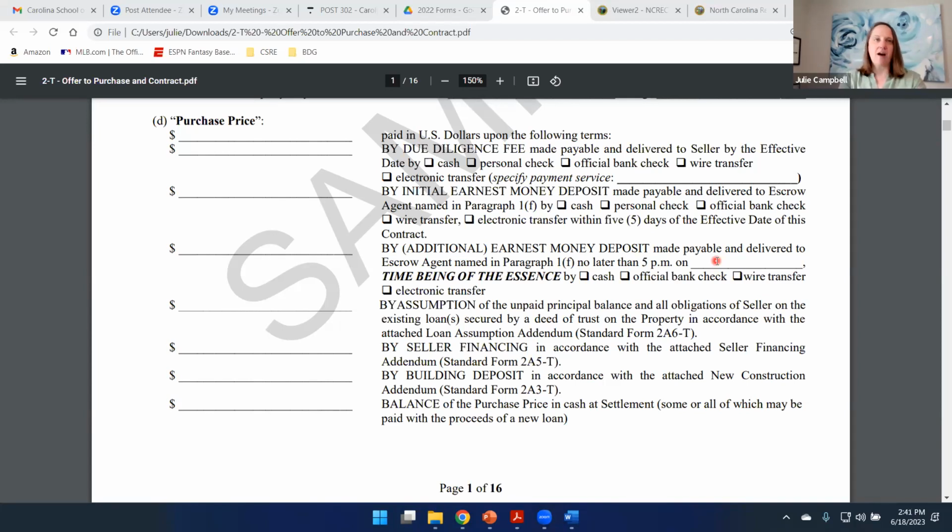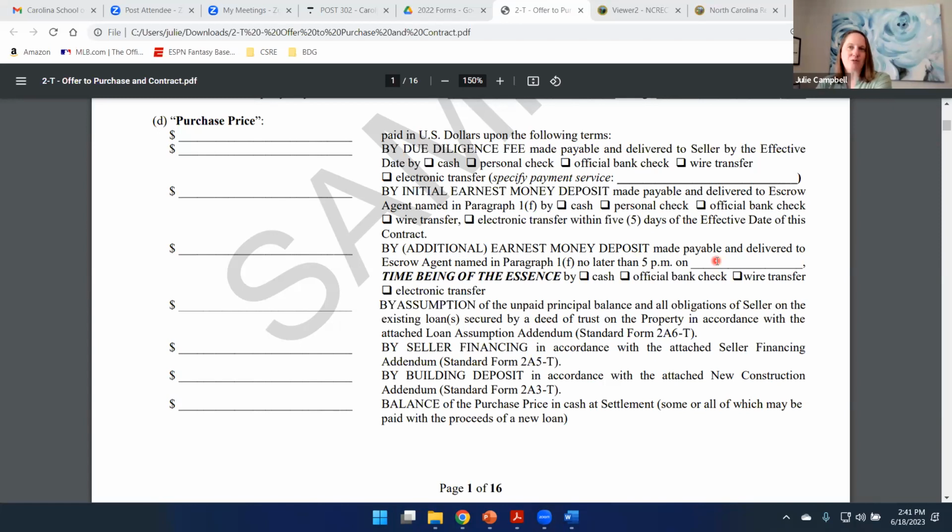So I'll give you X amount in initial, and the rest of what you want in additional. We can work that negotiation that way to make the parties agree. Another thing I've seen is 0 initial and all the earnest money as additional, due by 5 p.m., generally on the due diligence date.